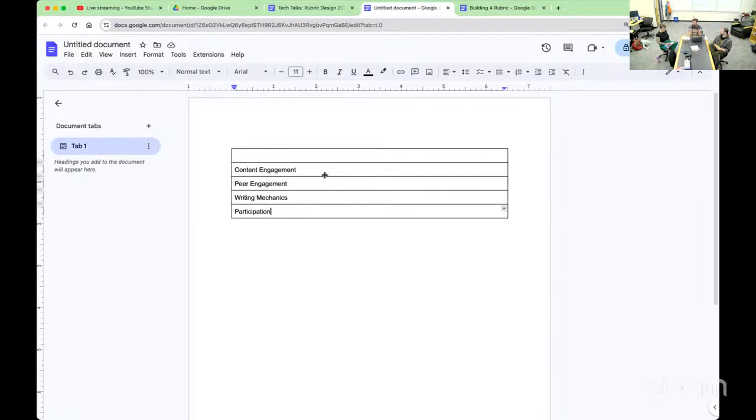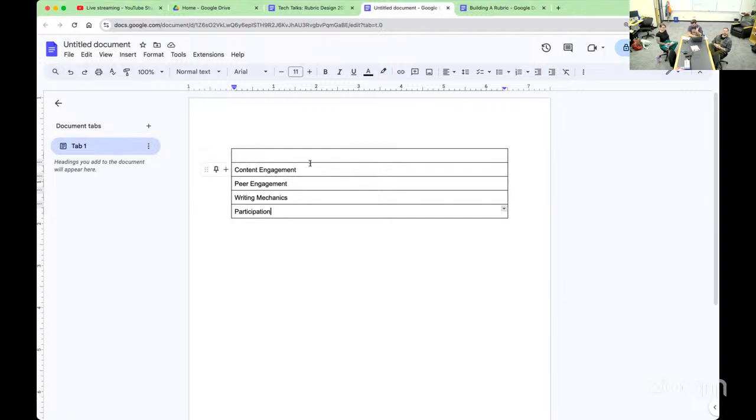So if this is a scaffolded project and you want to provide lots of feedback on that first draft, then you might want to have more performance levels. Oh, okay, yeah. Whereas if it's a capstone project or a summative assessment, you maybe only need met or not met, or maybe 3 criteria levels or something like that, where they're no longer looking for that kind of super granular feedback. They just want to know how they performed.